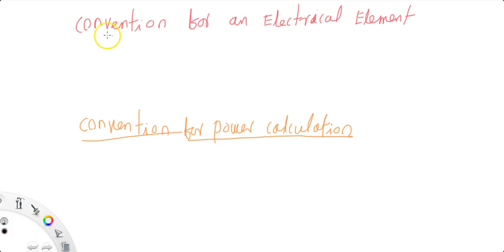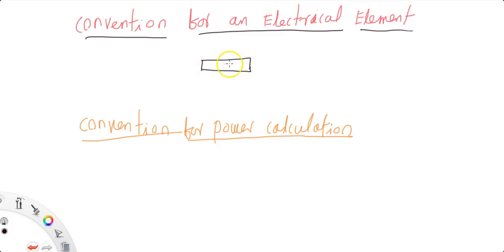Next we'll discuss the conventions for an electrical element. This is very much important. You should give particular attention here, because it helps you move forward in network theory. Take any element, whether it is a voltage source, current source, capacitor, inductor, resistor, or any abstract element.